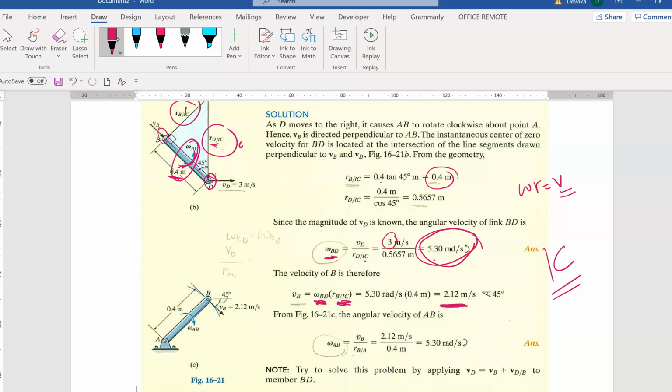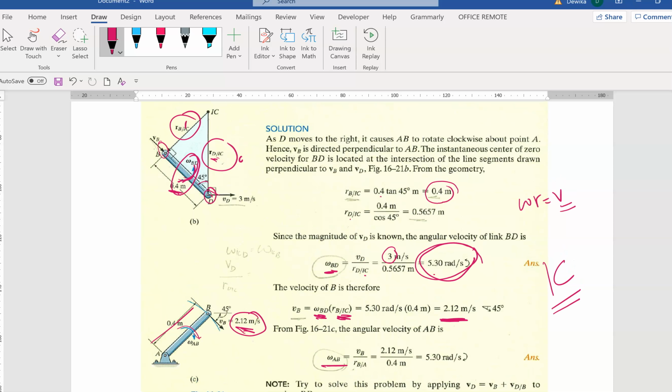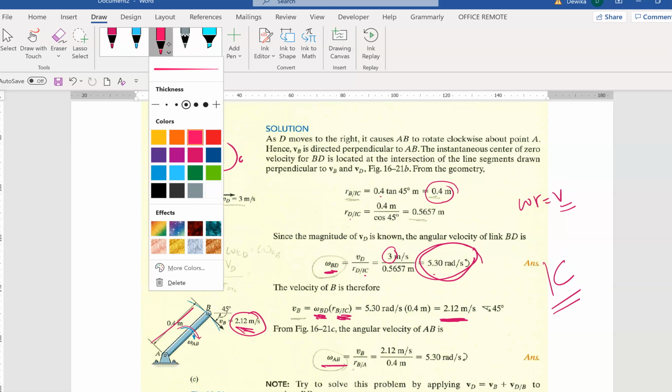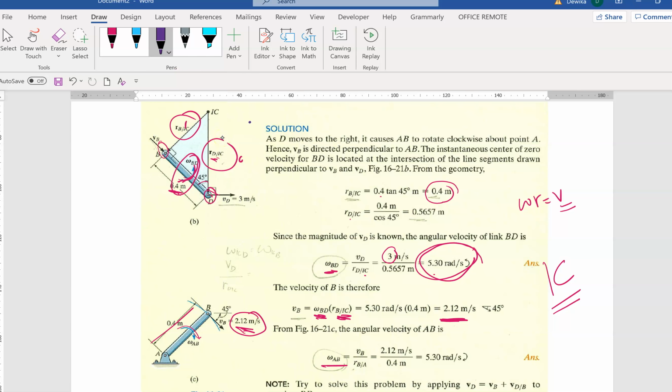Now we look at rod AB. In rod AB, we know the velocity of B, which is 2.12. With the velocity of B, you know the radius, you can actually find the omega AB. Now remember very carefully, if it's a different rod, in this case it's actually a totally different rod, it is not the same rod.